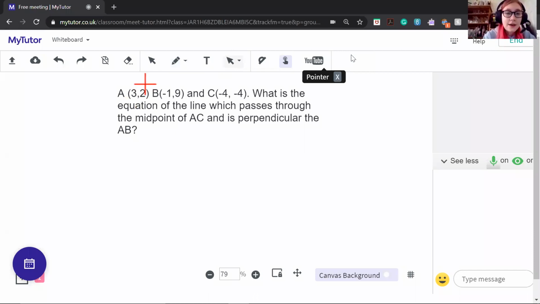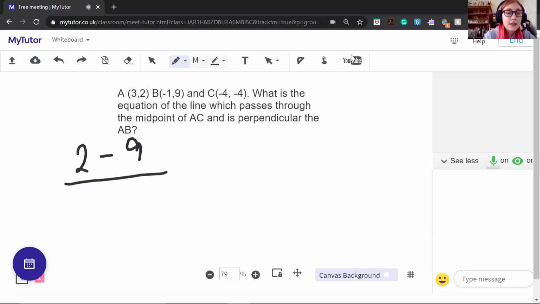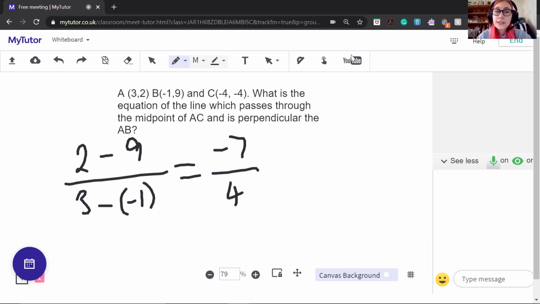So we take the y value from A minus the y value in B, divided by the difference in x, so the x value in A minus the x value in B. So we get -7 divided by 4. So this is what the gradient of AB is.